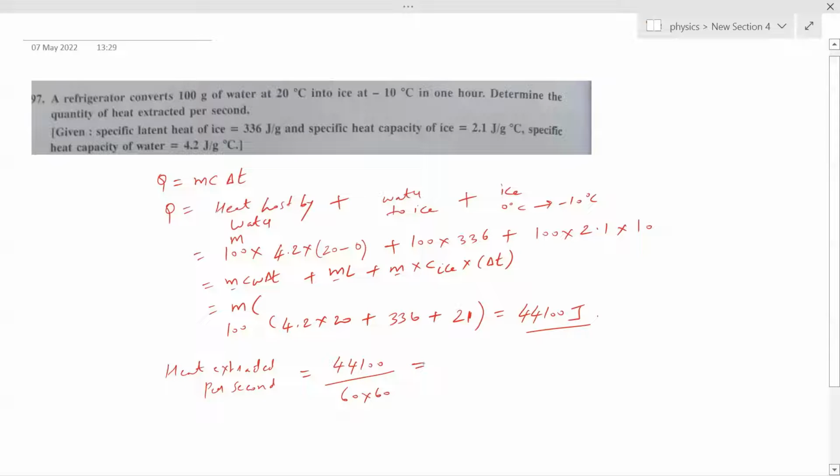Sir, it is coming 12.25 watt. Joule per second or watt, both answers are correct.